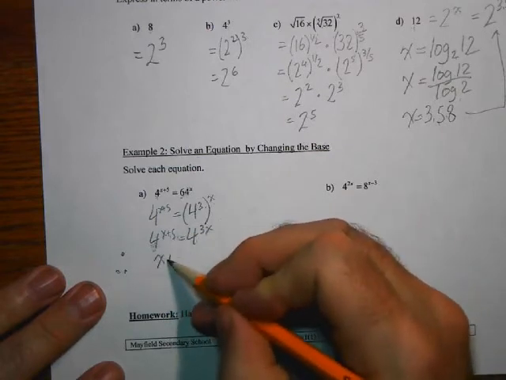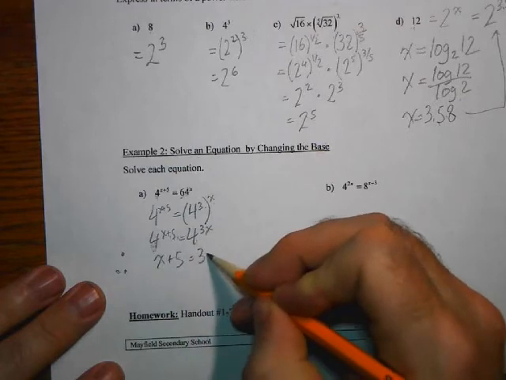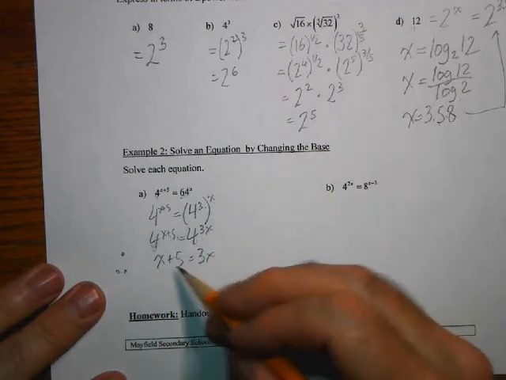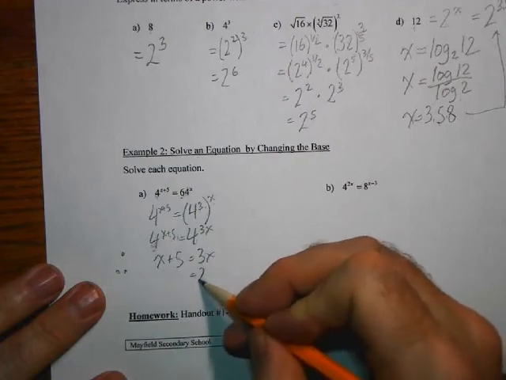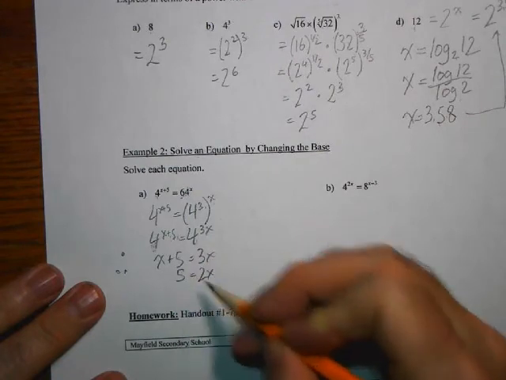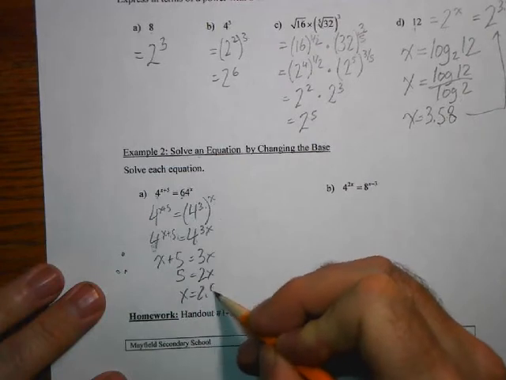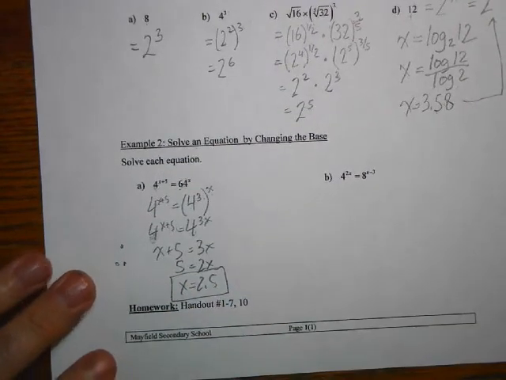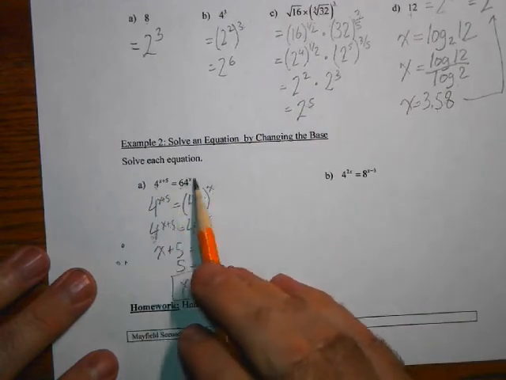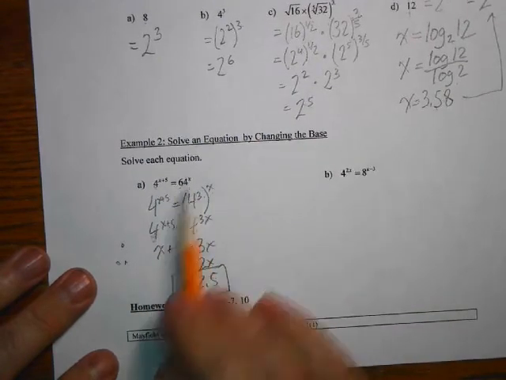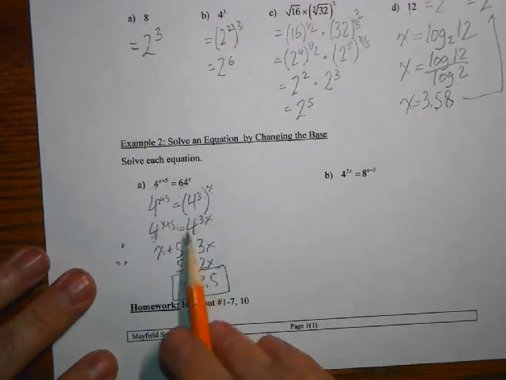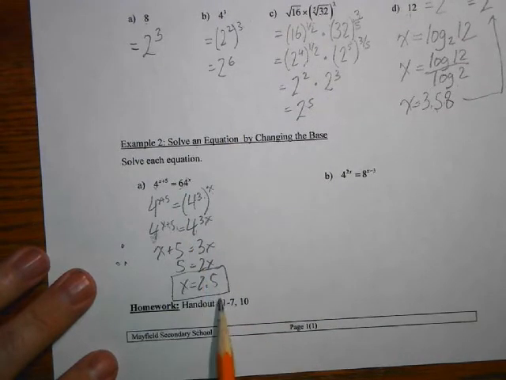So therefore x plus 5 is equal to 3x, and you can see this is just a linear equation now. We subtract x from both sides, we get 2x equals 5, so x equals 2.5. Okay, and again, you could go back, plug in x equals 2.5, evaluate both sides, and in this case, they should be exactly the same, because I didn't do any rounding at any step here.